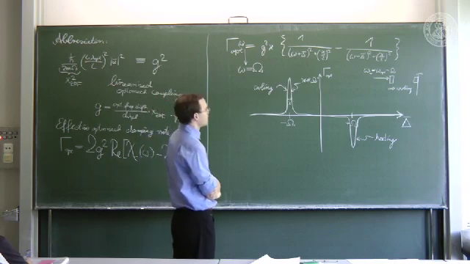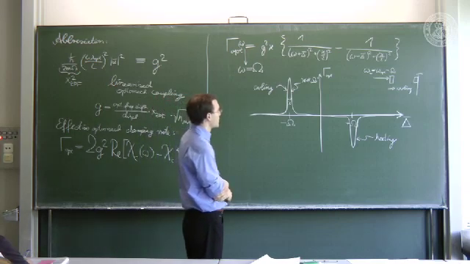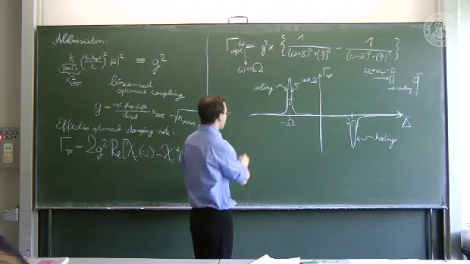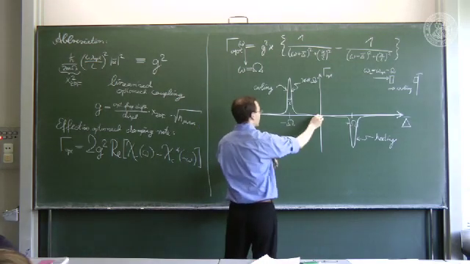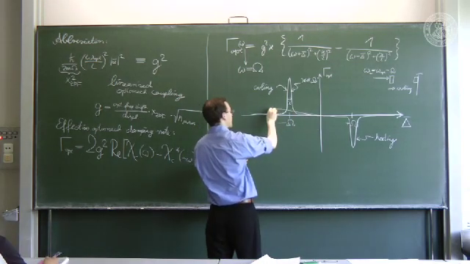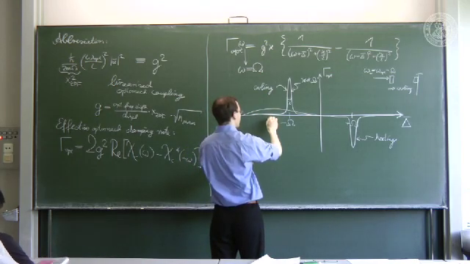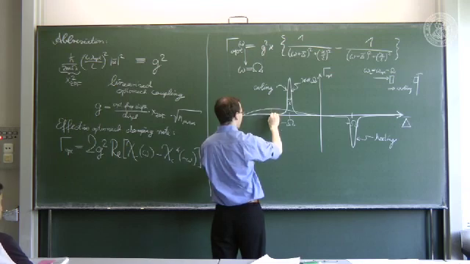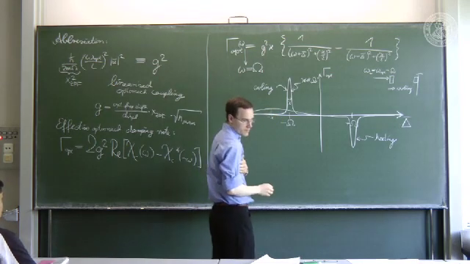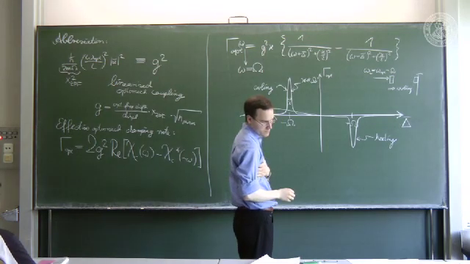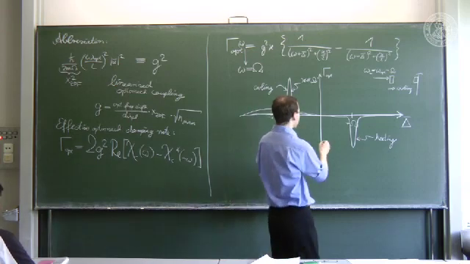You can also evaluate this if kappa is actually much larger than the mechanical frequency, and what happens then is that you get a far broader peak, and the maximum roughly sits at kappa. I mean, here it sits at minus kappa, and there it sits at plus kappa.